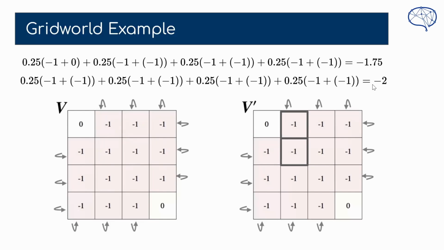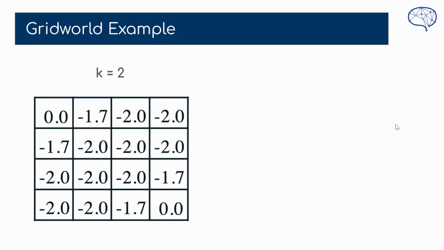And then this state over here is negative 2. The reason being that for the top state, one of the next state values is 0. But for our negative 2, no matter where we go, the reward is negative 1, or the value is negative 1. So if we do this for all of these states, these are the values that we get after our second iteration.